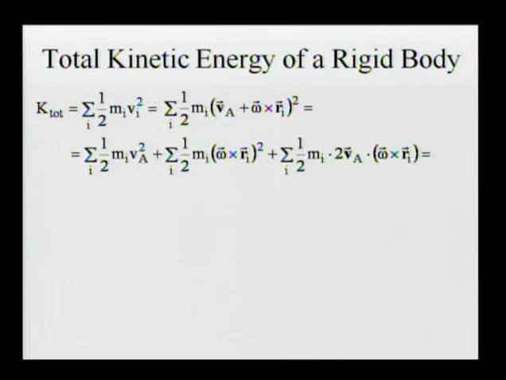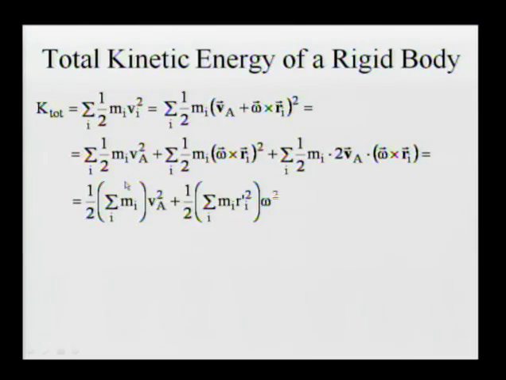Well, the next step is mathematical. I just multiply everything and group the terms. Now let's see what is what. What did I do here? Right, I pulled out constants in front of the summations.